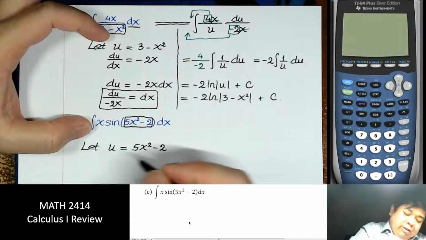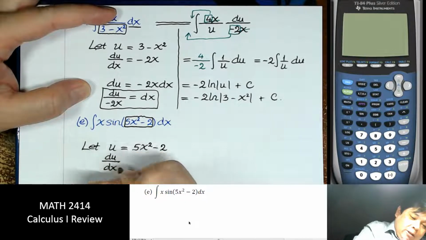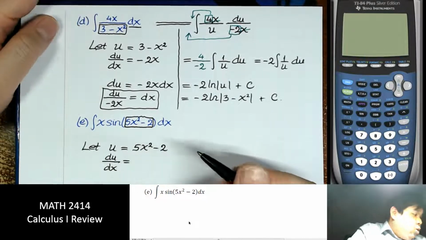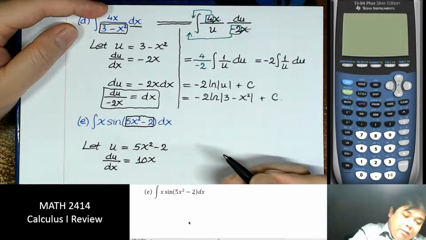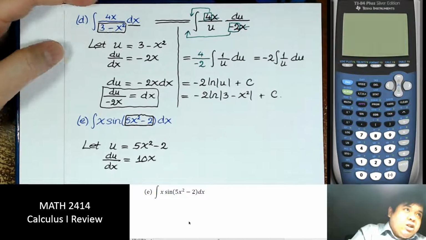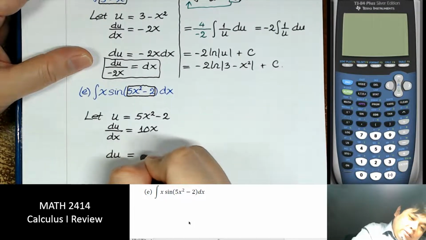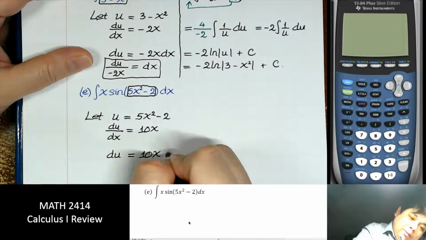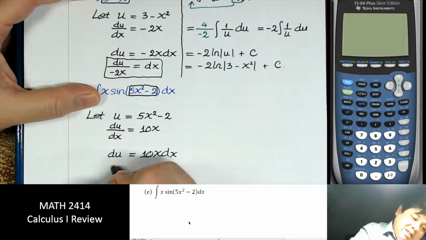And then we'll take the derivative of it. Derivative of 5x squared minus 2 is going to be 10x. Move the dx over, and then divide by 10x.